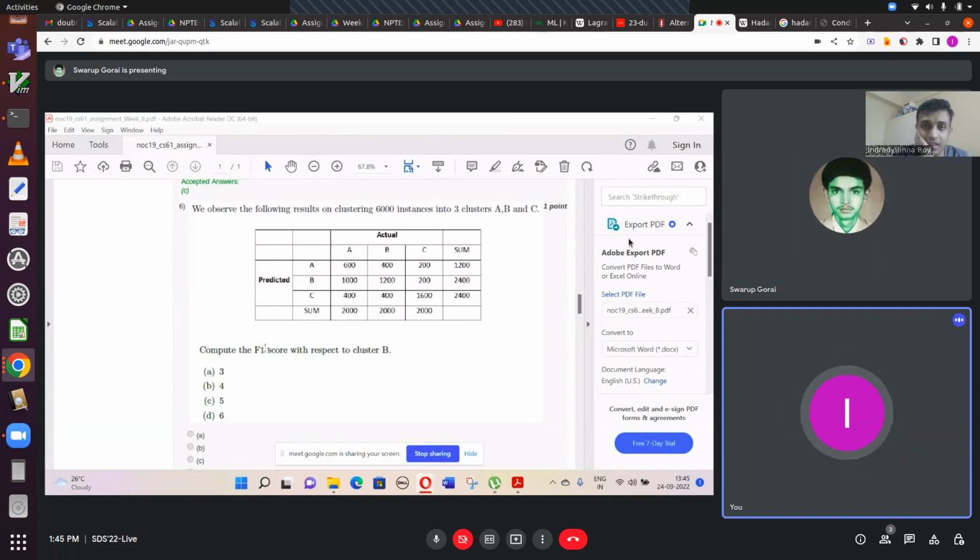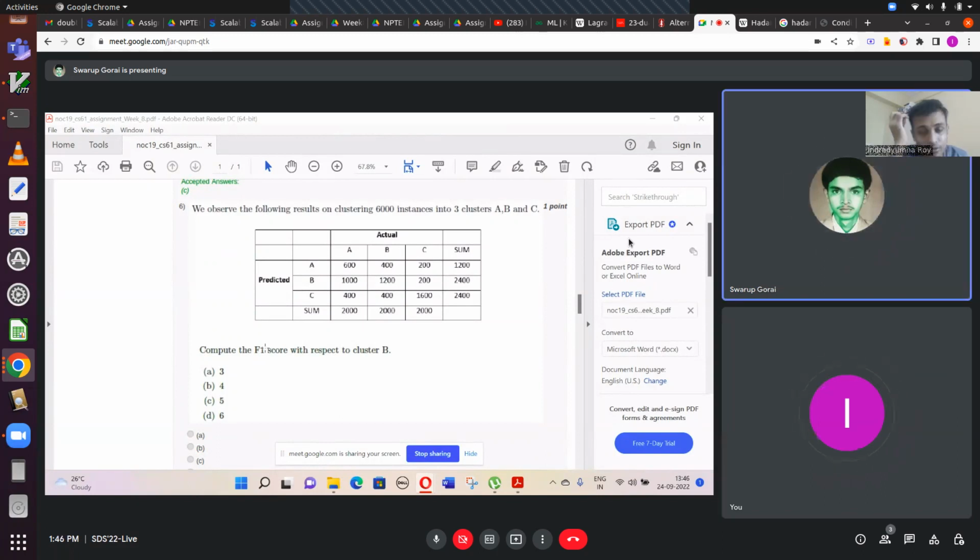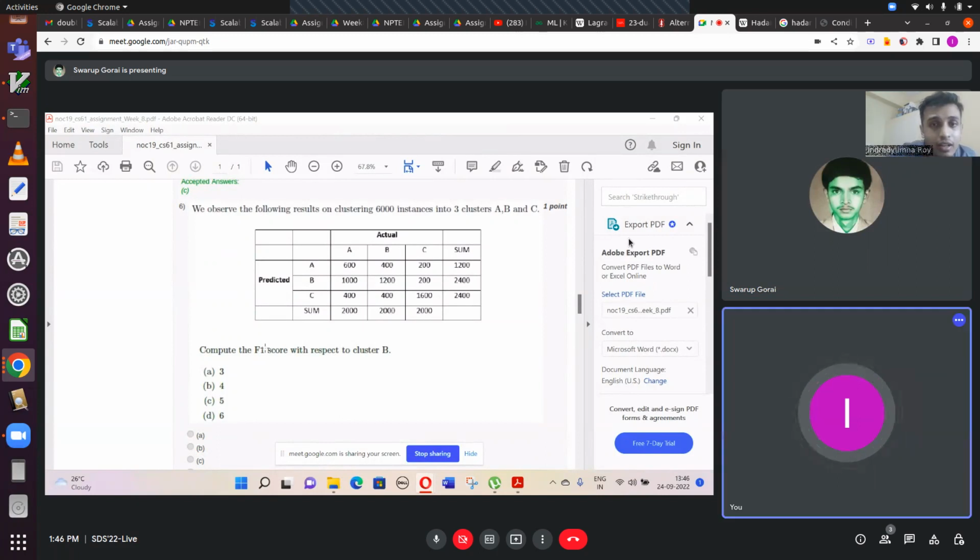So they are saying that we want to look at B with respect to B. Now in the actual columns, it's saying that total B has 2000 items, right? Is that right? Yes. Okay. So amongst those 2000 items, the model has put 400 into A incorrectly and 400 into C incorrectly and 1200 into B correctly.